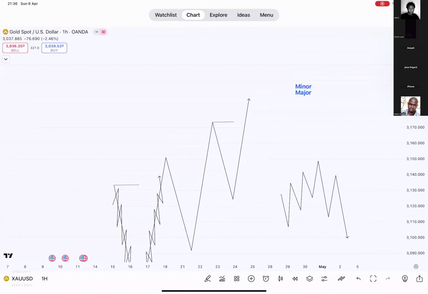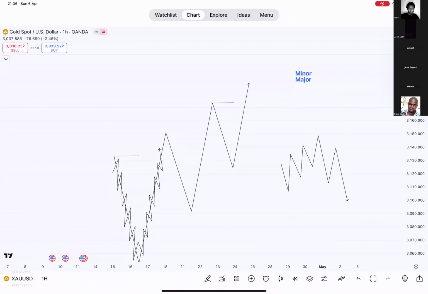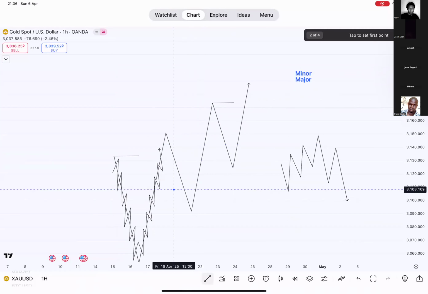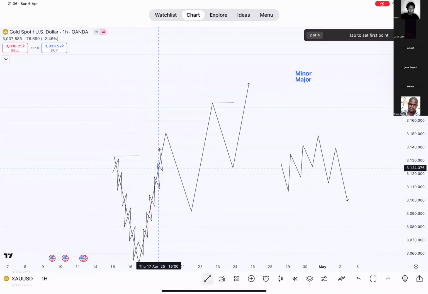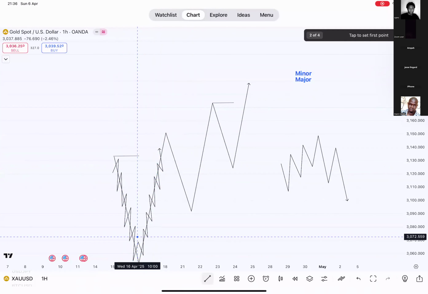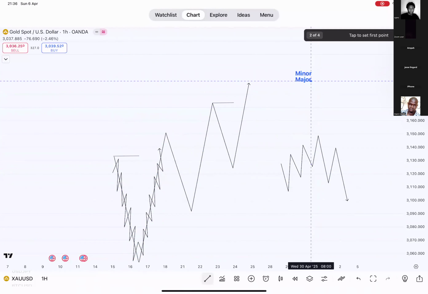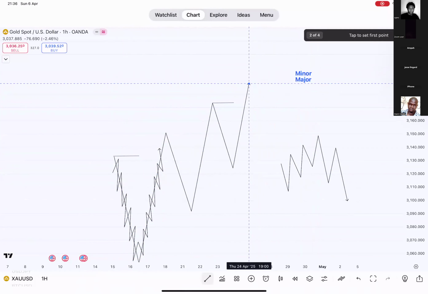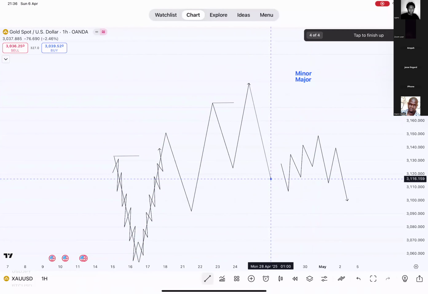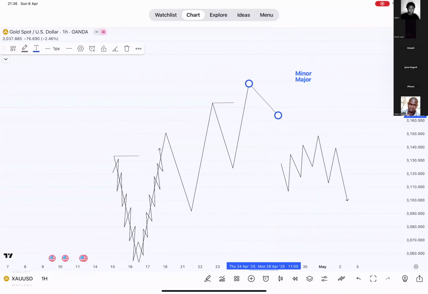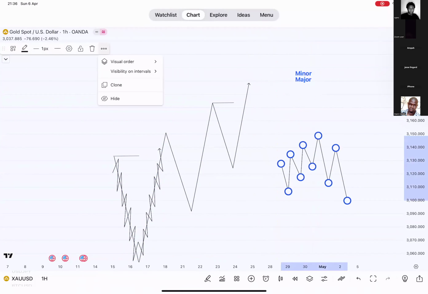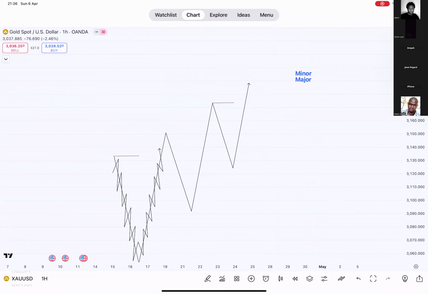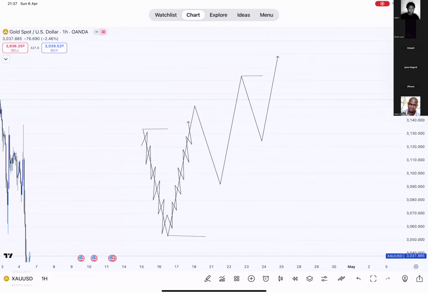And why do I say minor change of character is the one you need to avoid? Minor change of character is located inside the internal structures. I will explain that more. But the major change of character is when the market shifts an external low or external high. It's a major change of character. That one is simple. But now let me explain about this particular minor change of character and internal structure, and why you should avoid them.